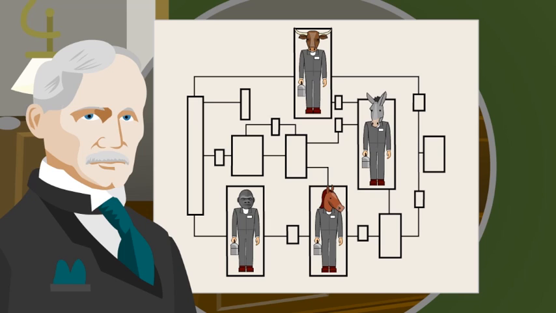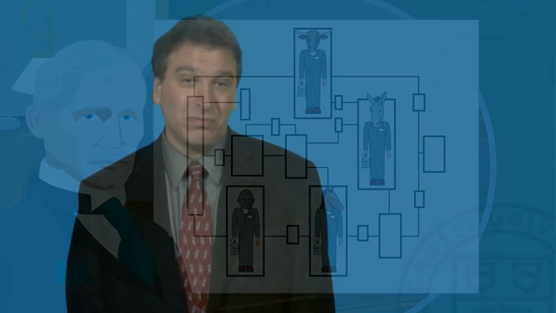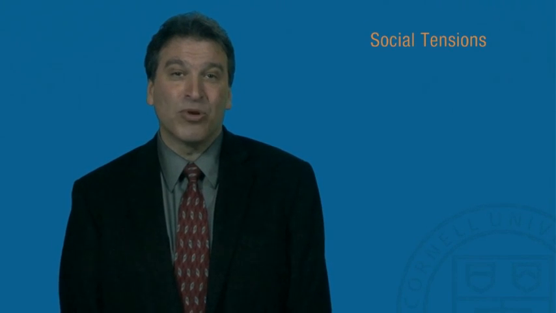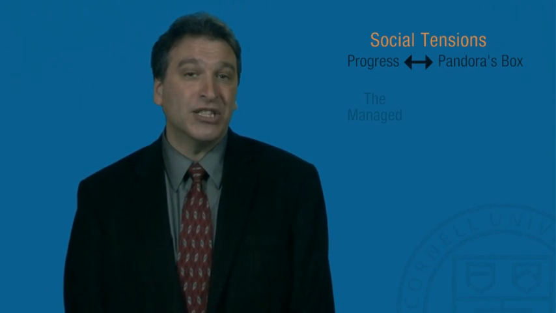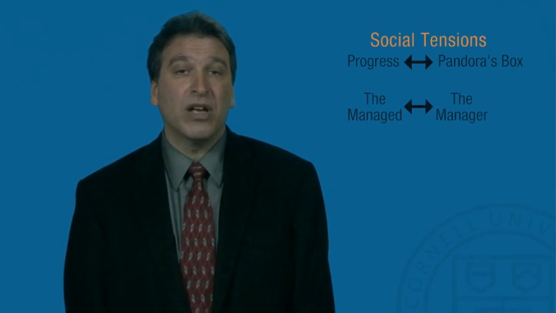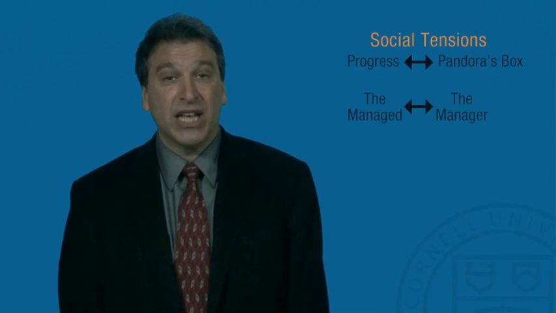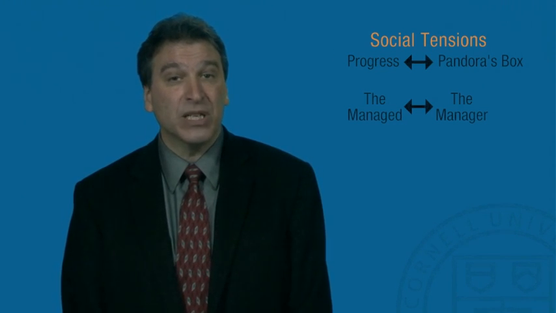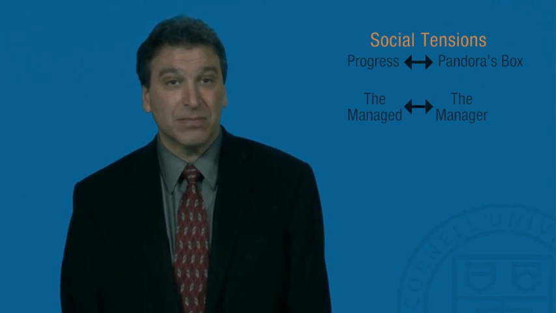Instead, they should simply do what they were told, and their managers should monitor them carefully to make sure that they were. So these two social tensions, progress or Pandora's box, and the tension between the managed and the manager, are going to run through any application of scientific management to organizations.